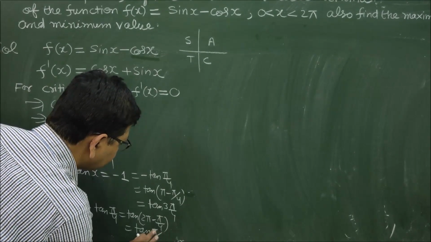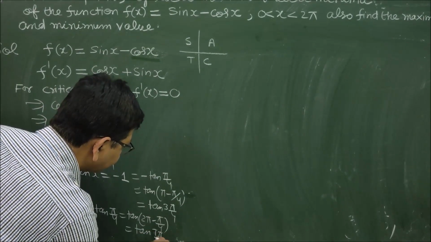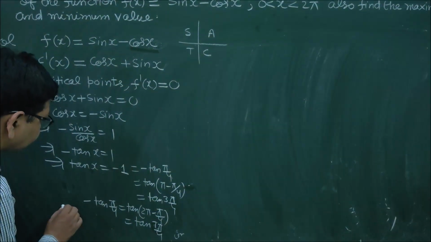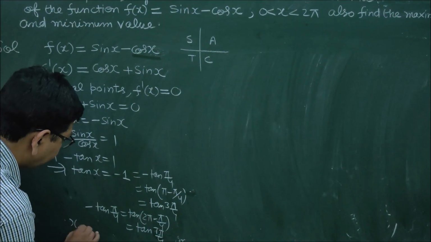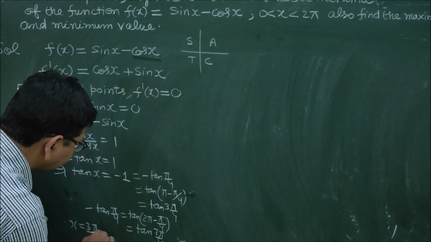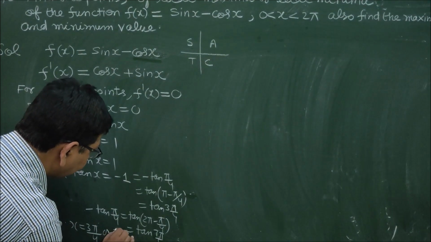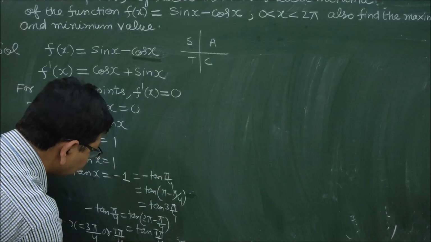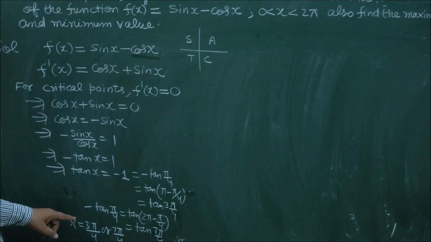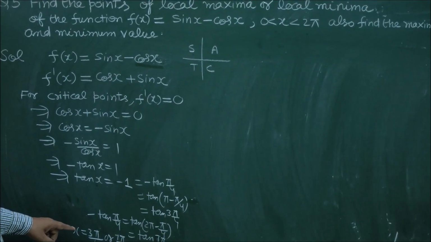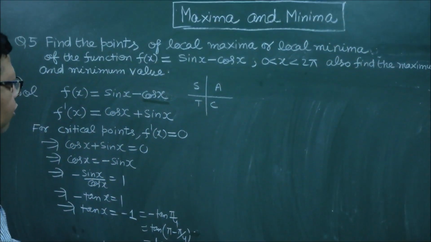So these two values give us x equal to either 3 pi by 4 or 7 pi by 4. So these are the points at which we will check the local maxima or minima.